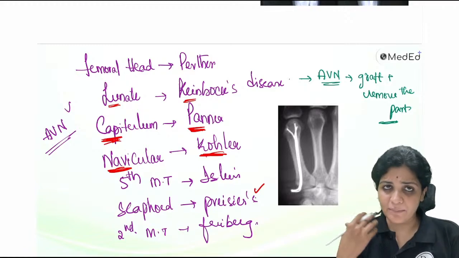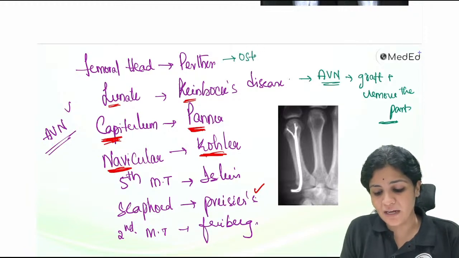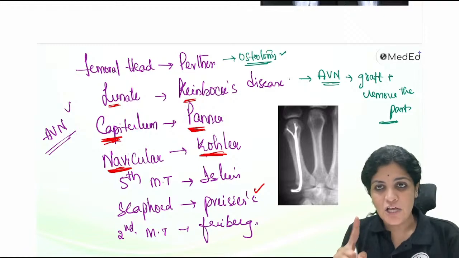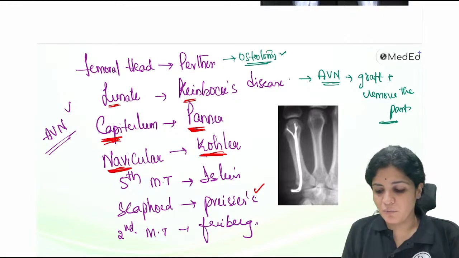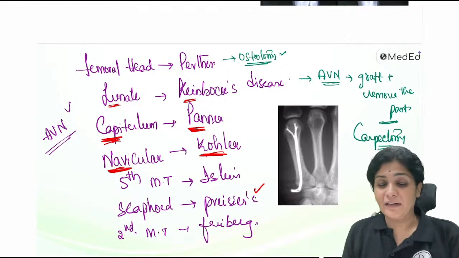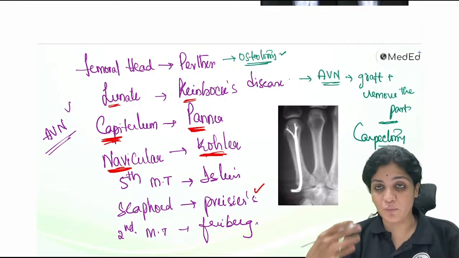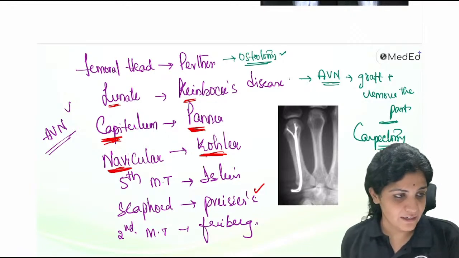Whenever it is avascular necrosis, like Perthes, we try the osteotomy: we change the angles so that it regains its original shape and size. For Kienbock's, we do proximal carpectomy, or we try to put a vascular graft, which sometimes works. That is the treatment for avascular necrosis.